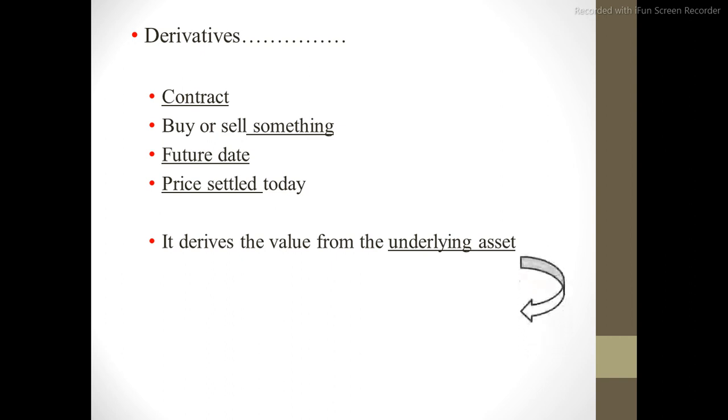That underlying asset may be a commodity like rice, wheat, etc. It may be precious metals, or it may be the interest rate. All these, along with others, are the underlying assets on which the derivatives contract can be carried out.